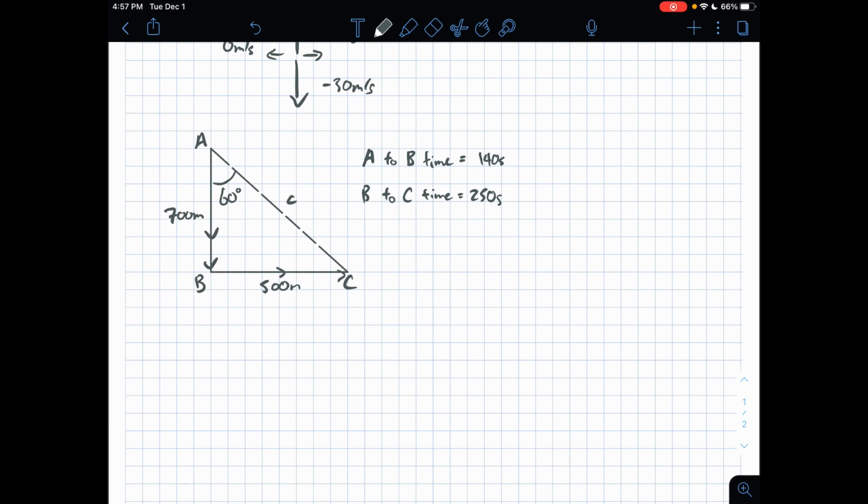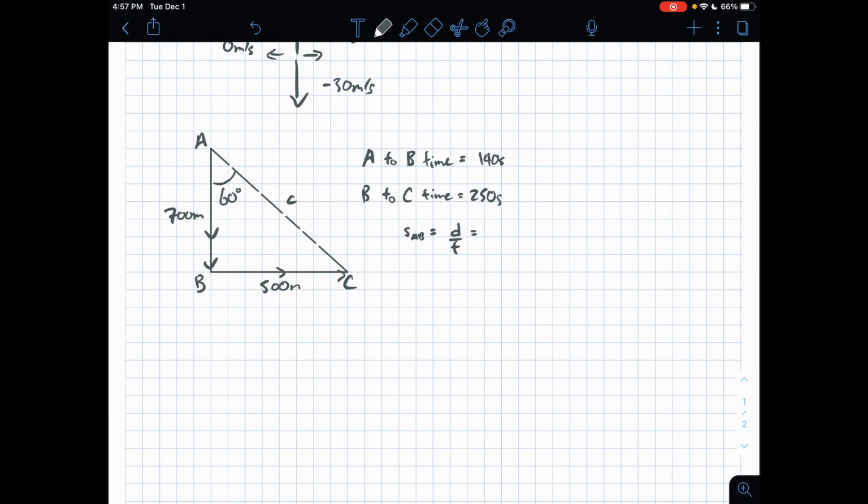So speed is v. Let's use S for speed. Okay, S for AB equals, and the formula for speed is distance over time.